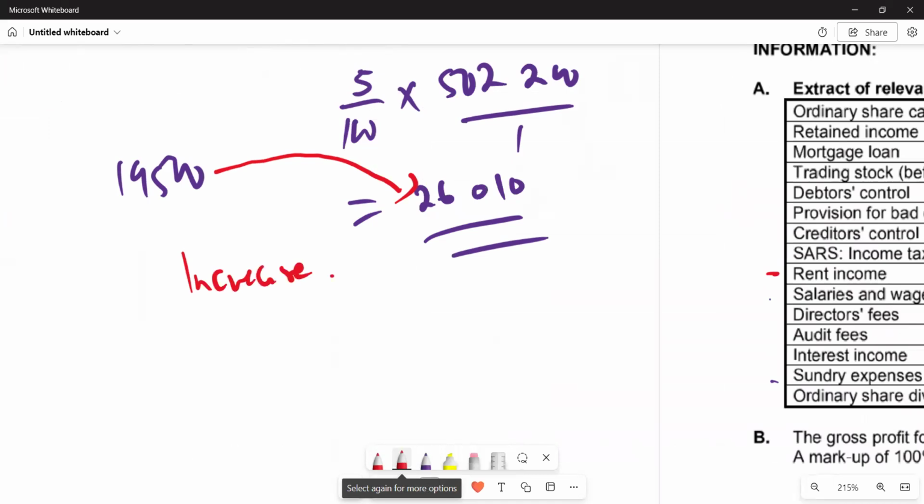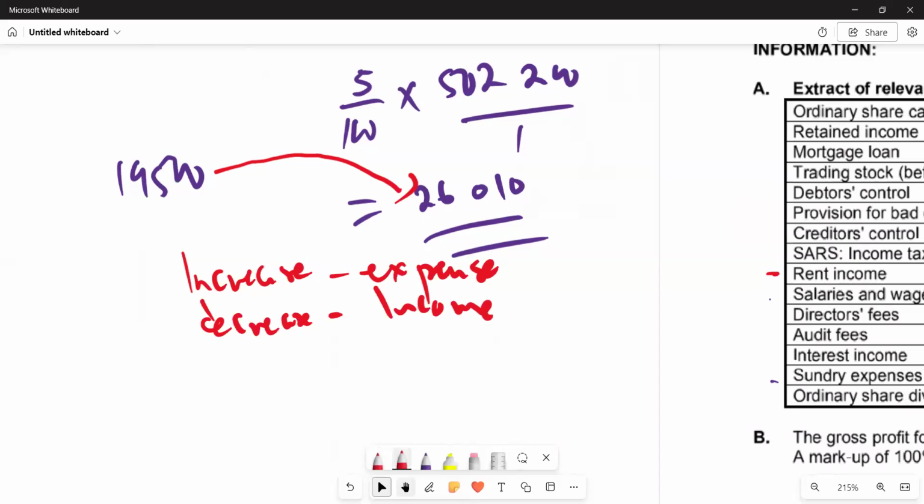When it's an increase, we know that it's an expense, and we need to put it under operating expenses. But if it's a decrease, we know that it is income, and we have to put it under other income. So we calculate the difference that represents the increase by saying 26,010 minus 19,500. The difference that you get becomes an expense.